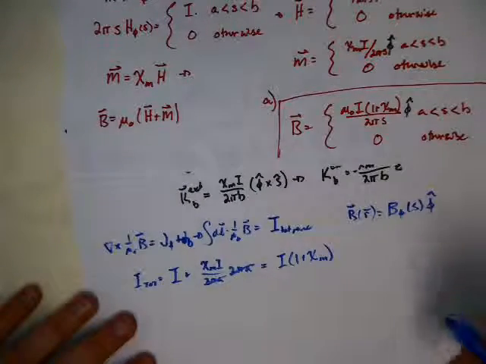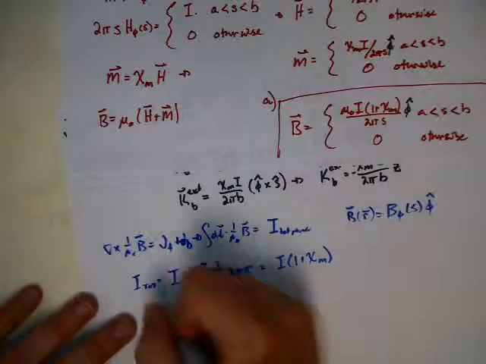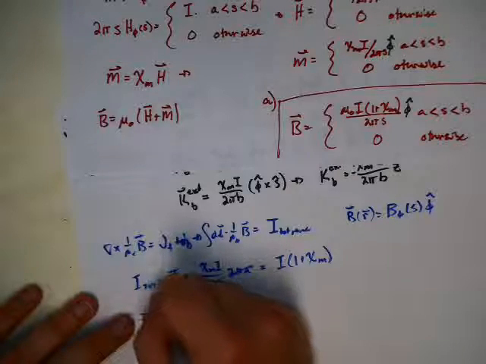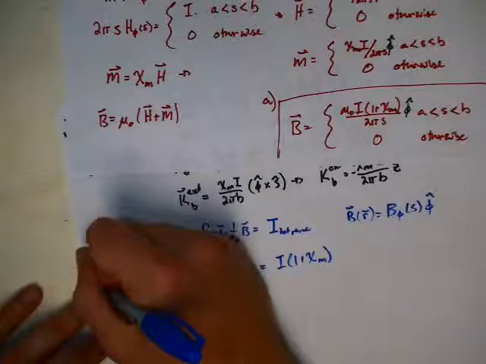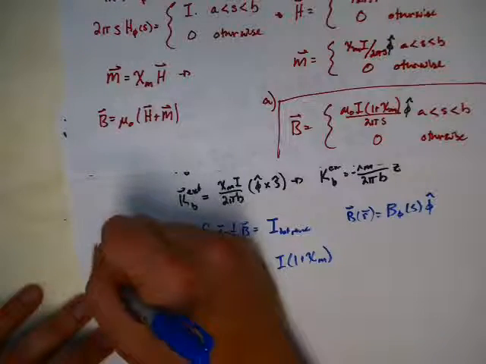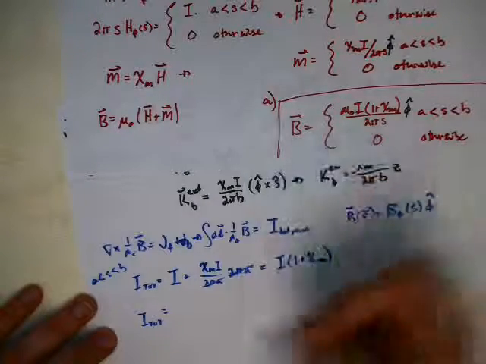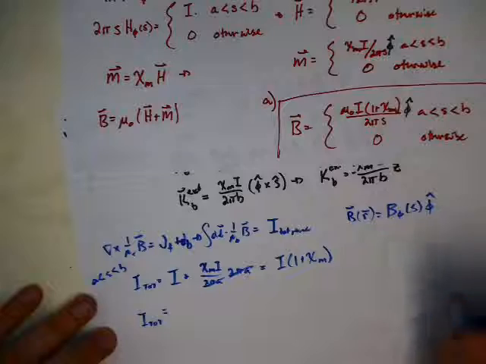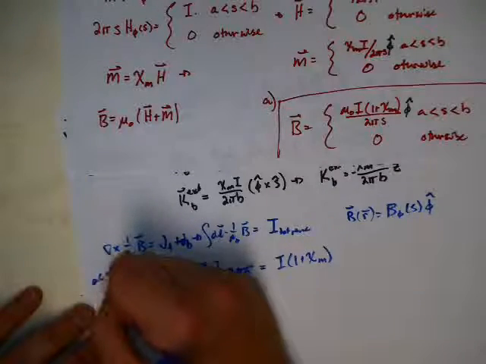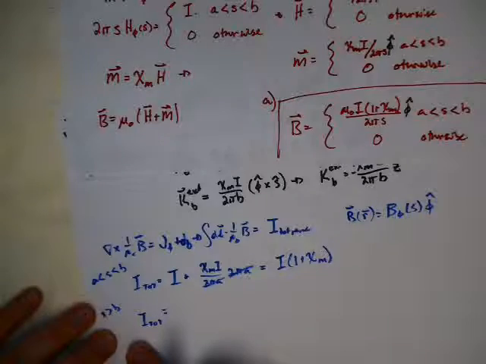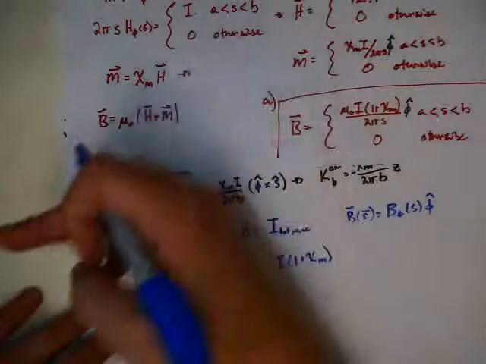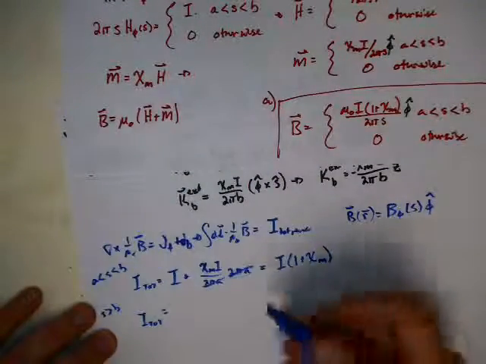Now, on the exterior, so this is for a less than s less than b. It's of course 0 for s less than a, and this is for s greater than b. We're going to have 0 because we have the plus I going in and the minus I going out.